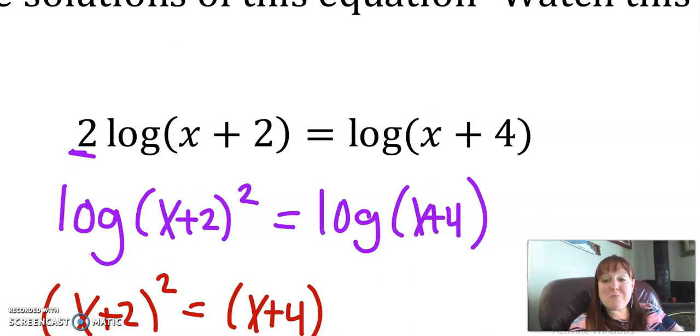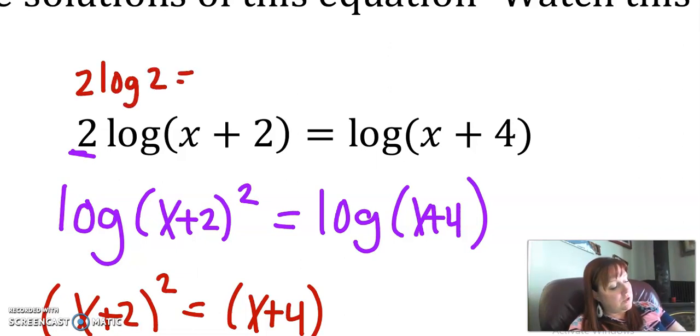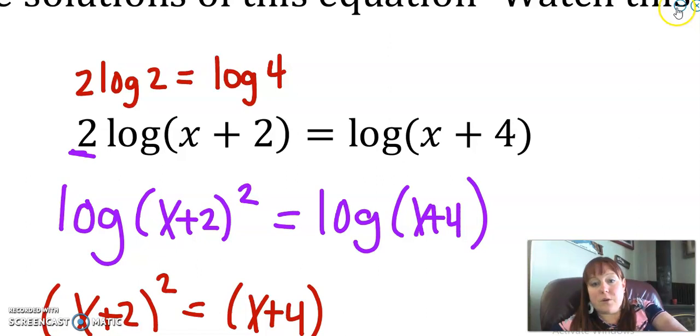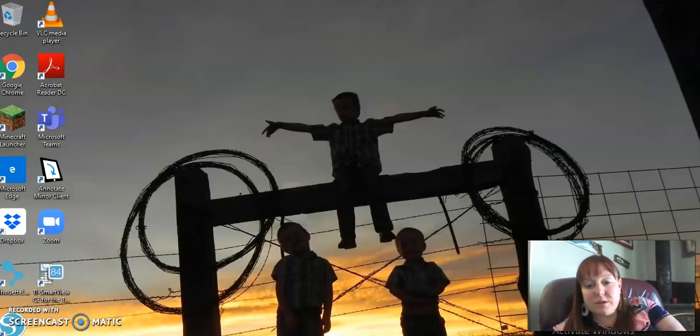We're going to see if I plug in 0, does it work, okay? So I'm going to start. I'm going to plug in 0. 2 log of 2 equals log of 4. So let's grab our calculators and check that.